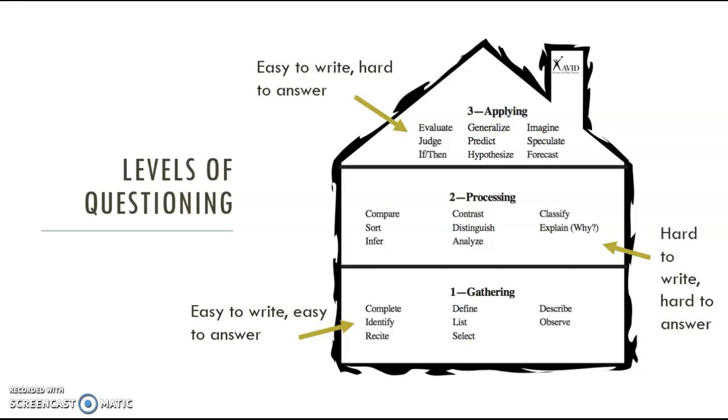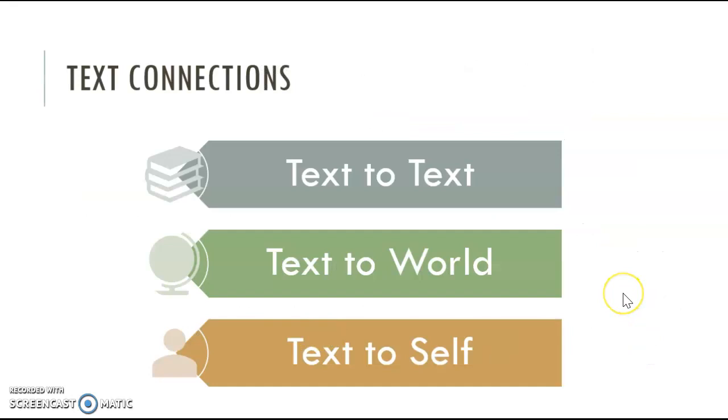Let's talk about making connections. When you make connections in your annotations, there are 3 different types of connections that you could make. The first is text to text, and that means connecting whatever you're reading to maybe a book that you've read, or an article, or a TV show, or maybe a post you saw on social media, any type of text.